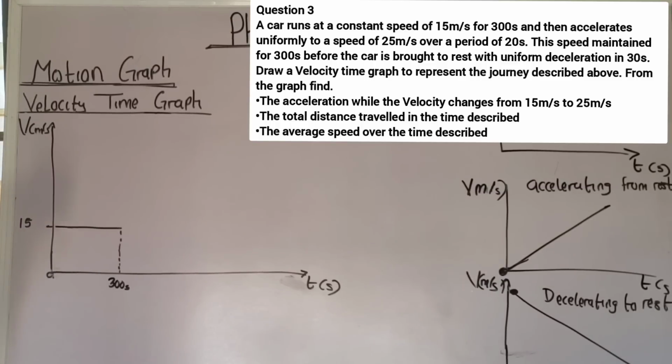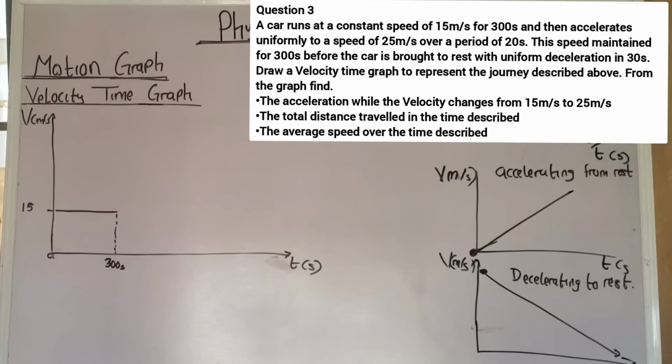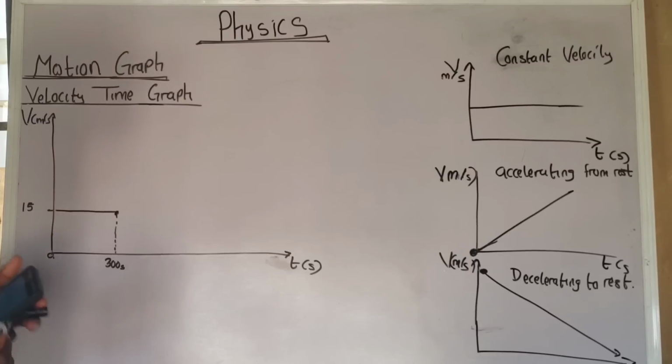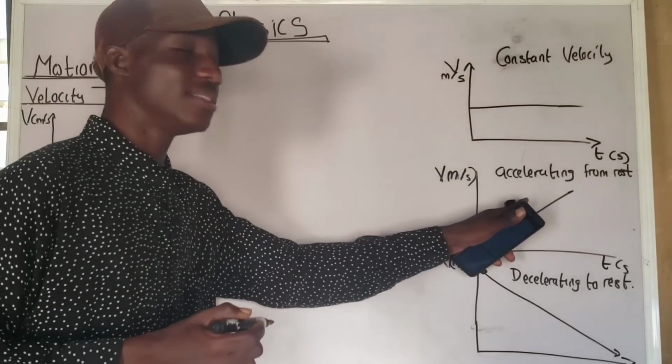And then accelerates uniformly to a speed of 25 meters per second over a period of 20 seconds. Having undergone a constant speed of 15 meters per second for 300 seconds, the car now accelerates uniformly to a speed of 25 meters per second. From this point, it accelerates, and I told you in our previous class that when a car accelerates, the graph looks like this.